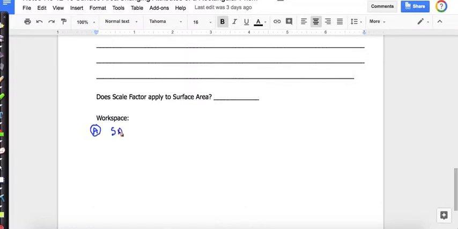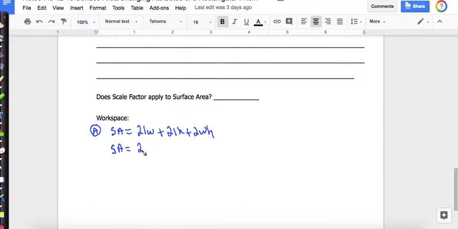So surface area equals 2LW plus 2LH plus 2WH. Okay, now you can pause the video if you would like. Okay, welcome back if you paused the video.